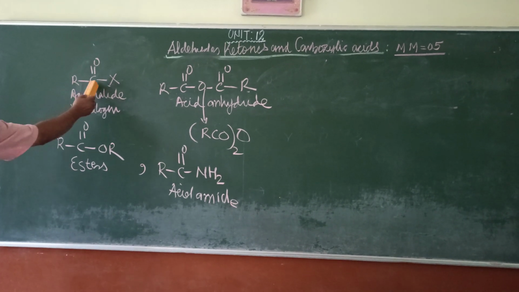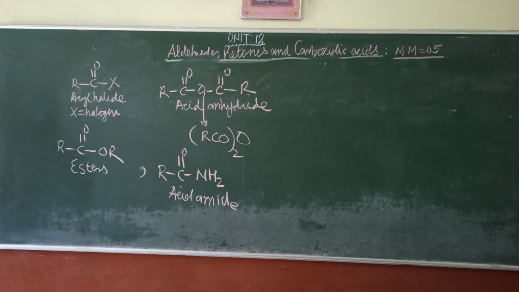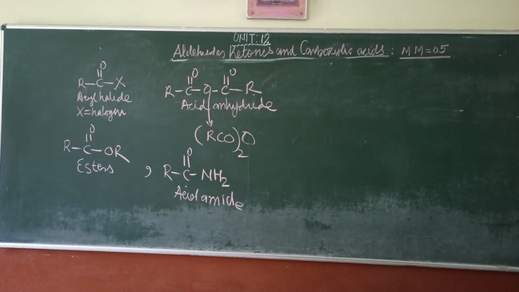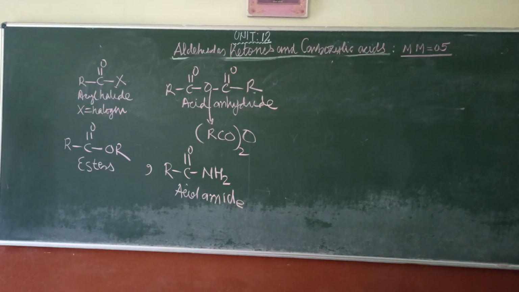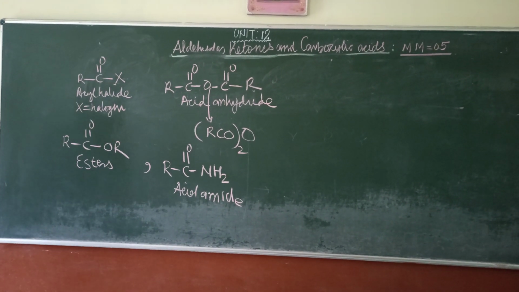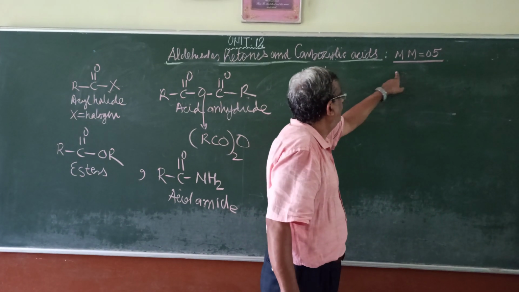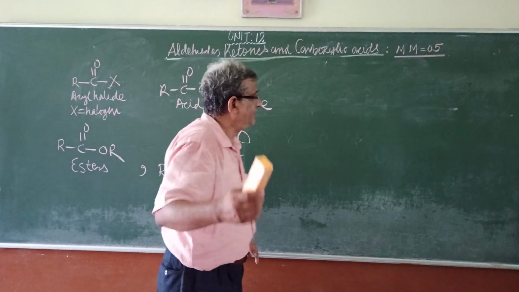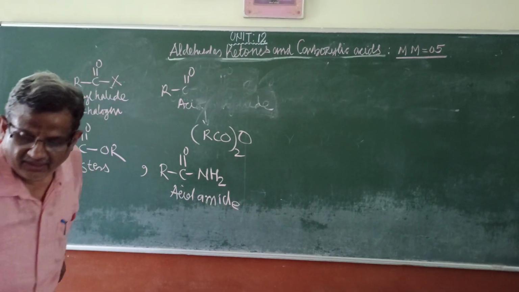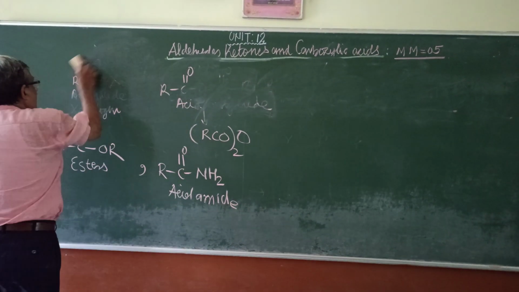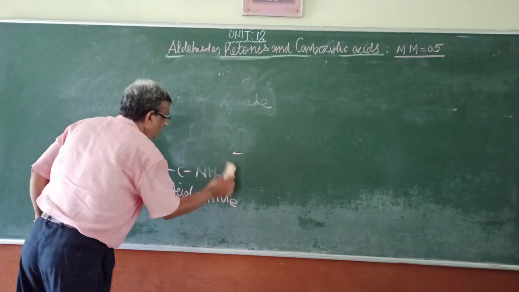We shall come across all these four very often as we move in this chapter. I must tell you that in the board examination, this unit will be of around full 5 marks. So prepare this chapter very, very carefully. Now coming to the nomenclature.